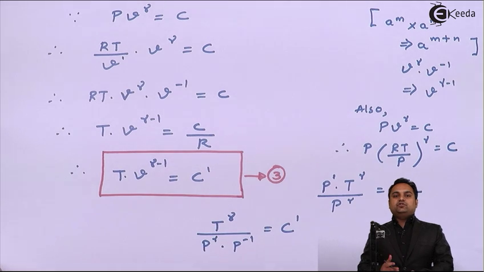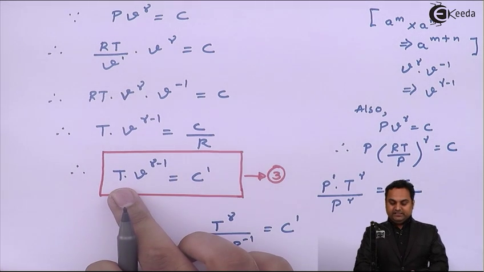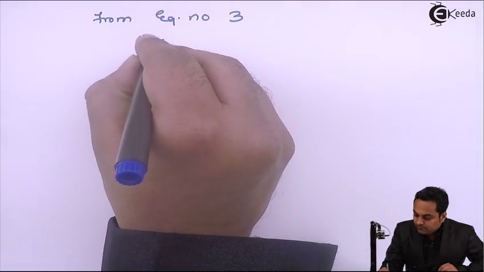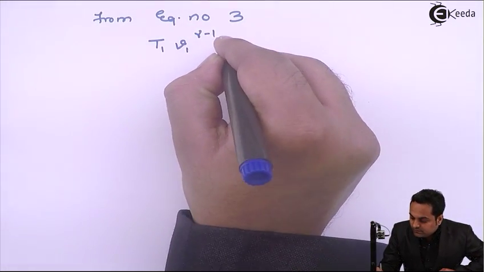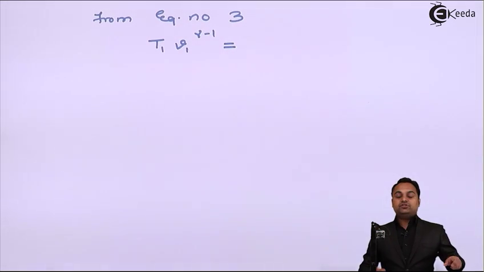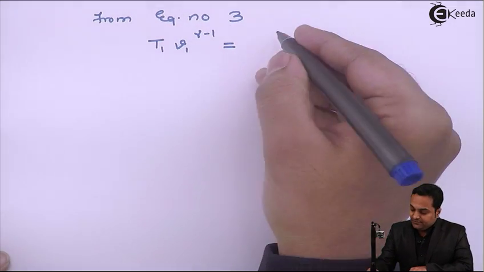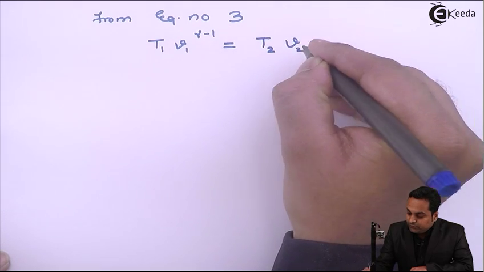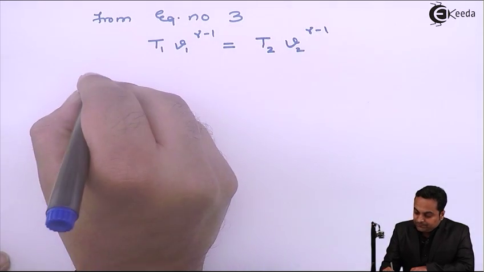Now this I can write for state 1, so it will be T1 into V1 raised to gamma minus 1 is equal to, now it is constant, so I can write it for state 2 as well, so that will be equal to T2 into V2 raised to gamma minus 1.